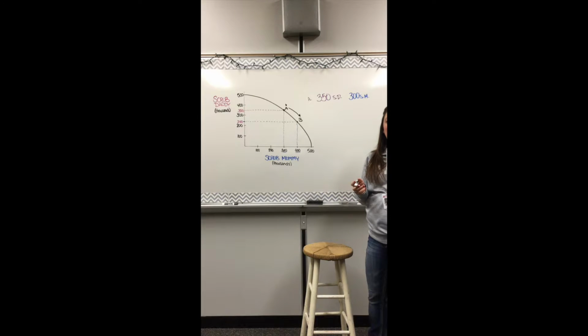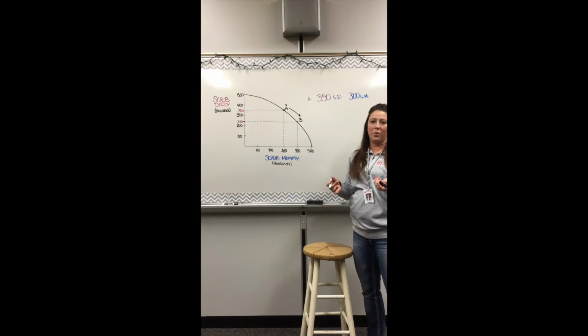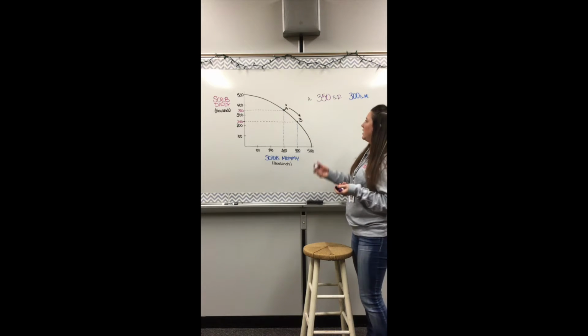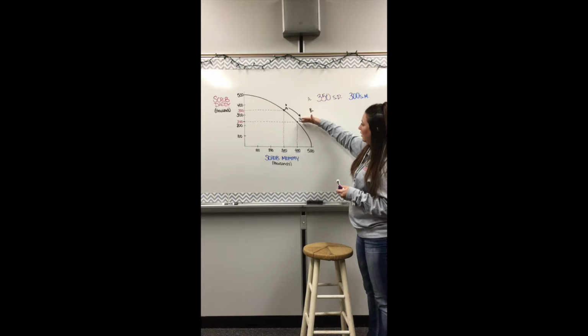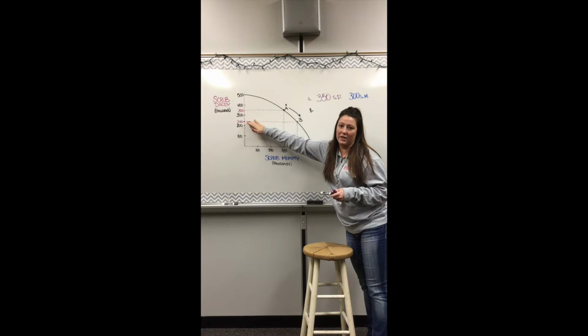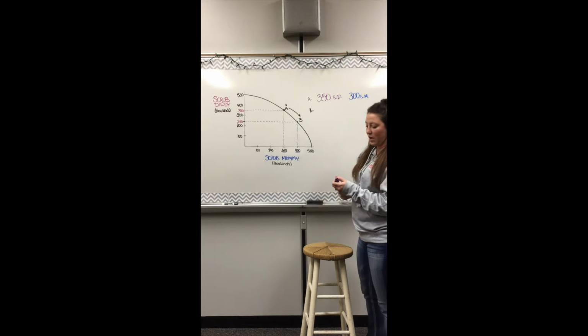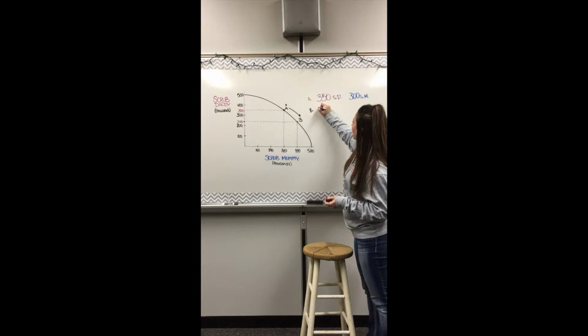Step two then is to say at our new production point, how much are we going to make, or do we want to be making? All right, so at point B, we would be looking here, and when you take it over to your line to see how many you're making, that drops us down to 240,000 Scrub Daddies.